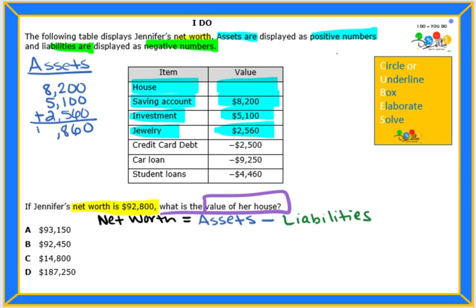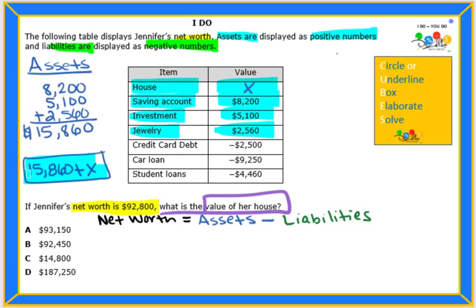And this is $15,860. But remember, that's just the three pieces of information that we knew, but we also have the house, and the value of the house we will call X because we don't know it yet. So this is 15,860 plus X. That would be our assets.